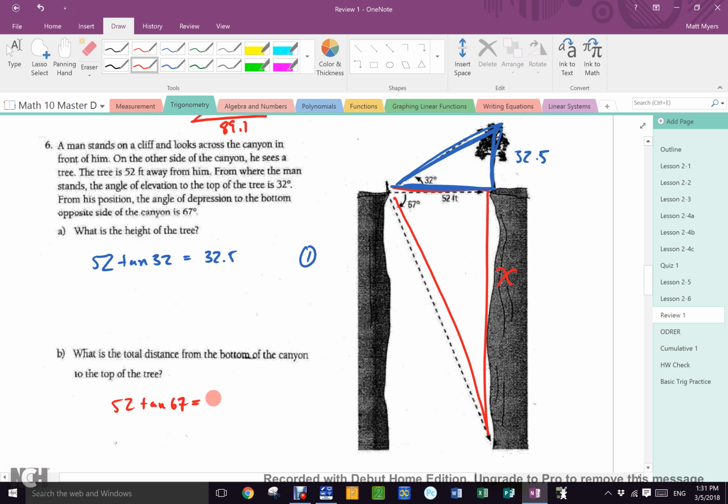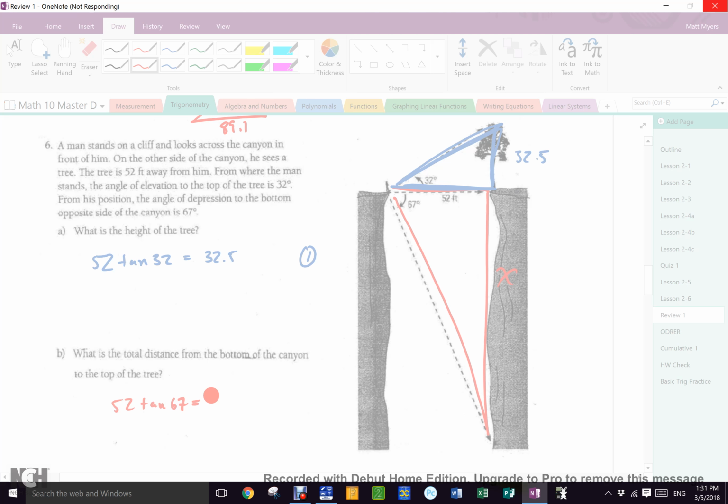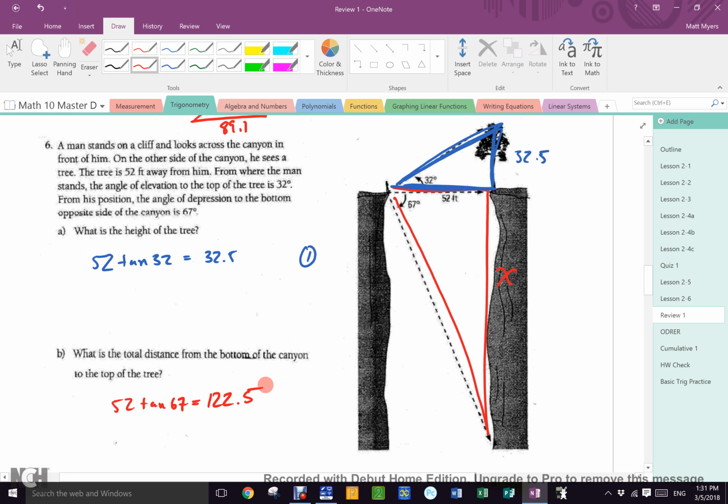And when you do this, you get, if I am not mistaken, 122.5. Now, then of course you would add them and get 155. Now, that's worth 1, so you get 2 marks if you got the 155. If you left it there, you lose a half a mark.